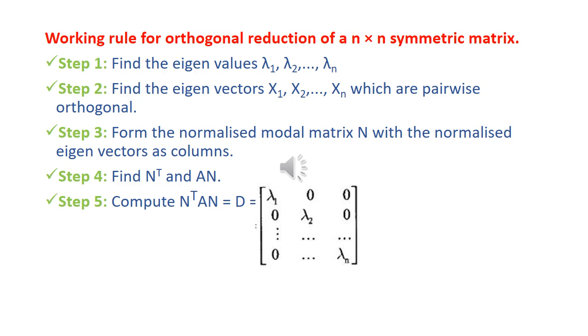The step 3 is we form the normalized modal matrix N with normalized eigenvectors as columns. Next, we find N transpose and AN. The final step is we compute N transpose AN equal to D, which is the required diagonal matrix.